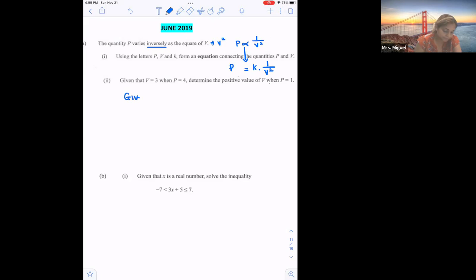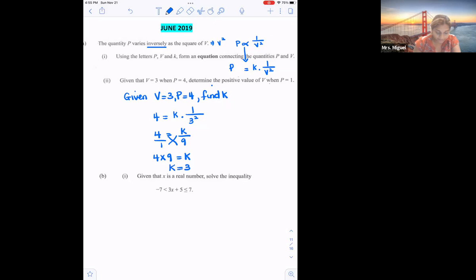Given V is equal to 3 and P is equal to 4, we need to first find K. So substitute P as 4, substitute K, we don't have K, and substitute V as 3. So therefore, 4 is equal to K/9. If we cross multiply, 4 multiplied by 9 is equal to K. K is equal to 36.